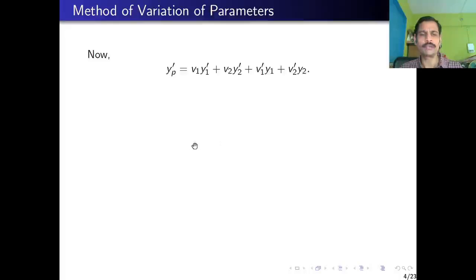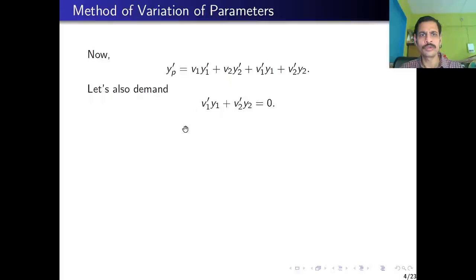The derivative of yp will be v1 y1' + v2 y2' + v1' y1 + v2' y2. We assume another condition on this, namely v1' y1 + v2' y2 = 0. So the latter two terms are 0.